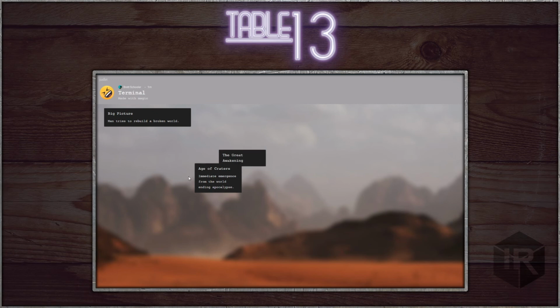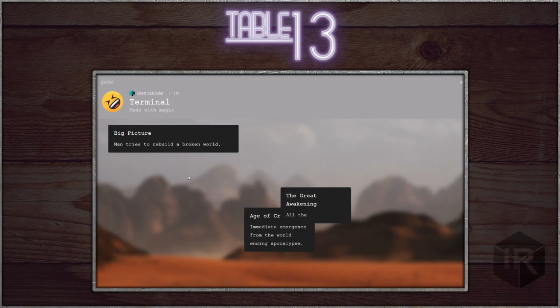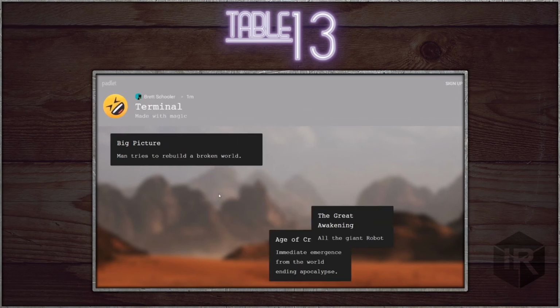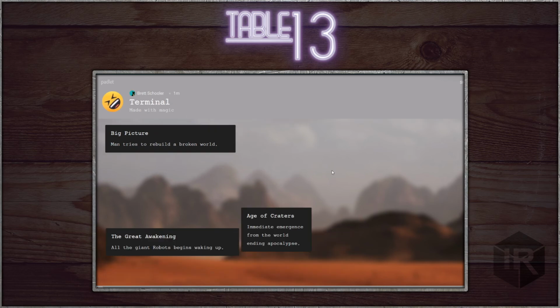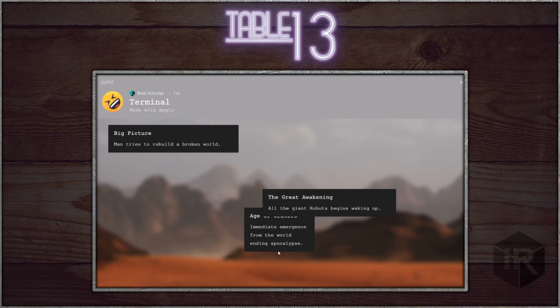Here, I will zoom in here. Giant robots begin waking up. Maybe that description will change as time goes on, because it's kind of a shitty description. But maybe something like access to the lost tech.